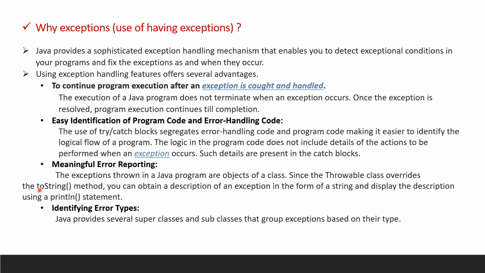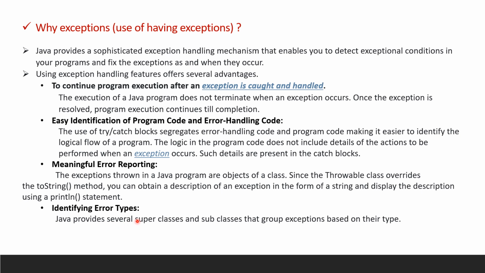If you are using log4j, we will have logger statements in which we can warn, or if the severity is high, we can maintain the logging levels accordingly. But we should get a meaningful error so that we can identify and fix it easily. Next, identifying error types.